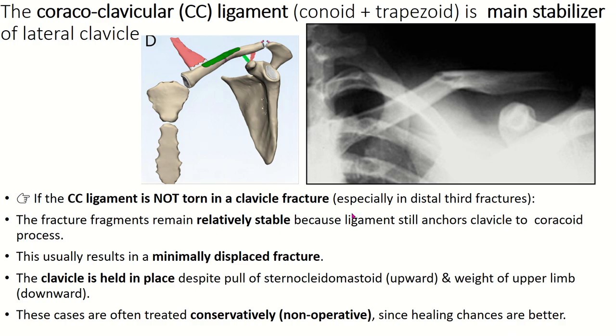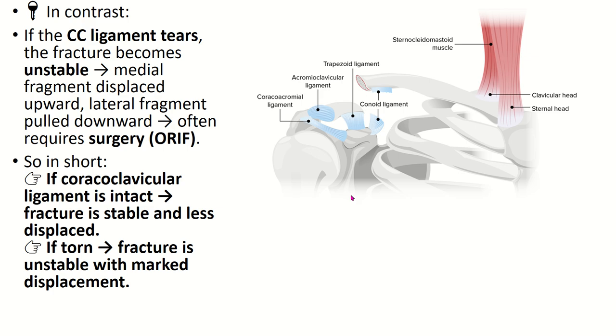The clavicle is held in place despite the pull of the sternocleidomastoid muscle and the weight of the upper limb downward. So this is the conoid and trapezoid part. If the conoid part is torn, due to the pull of the sternocleidomastoid, the medial segment goes upward, and due to the weight of the upper limb, the lateral segment goes downward.